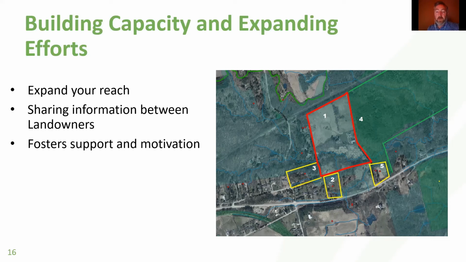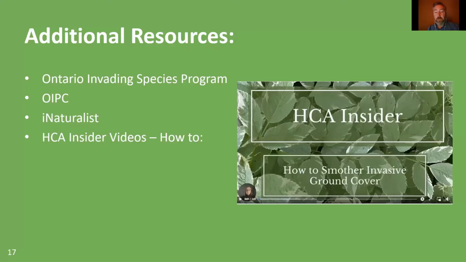So building upon what the landowners had been doing and really growing that area where we're really trying to get invasive species under control in quite a wide area, and it keeps growing. And coincidentally enough, number 5 is actually a staff member with the Conservation Authority. So that is another connection that we're going to be making soon, and further spreading that knockdown of invasive species in the area and restoring biodiversity.